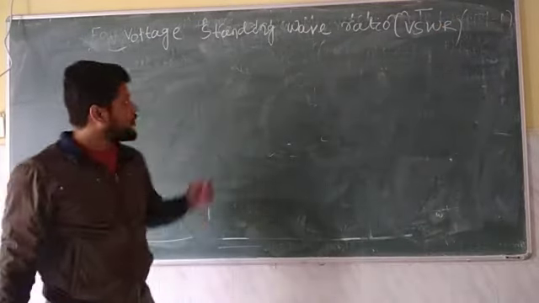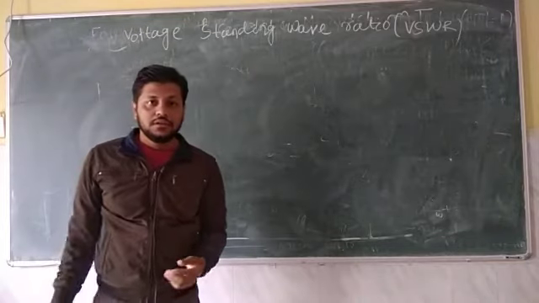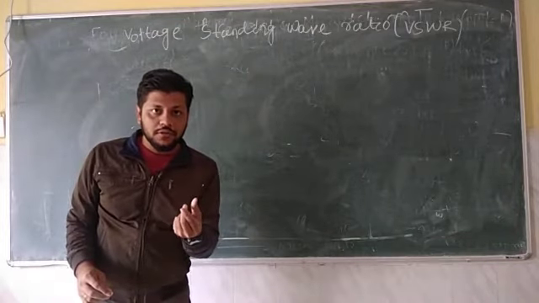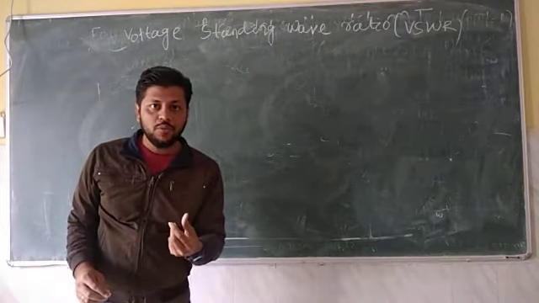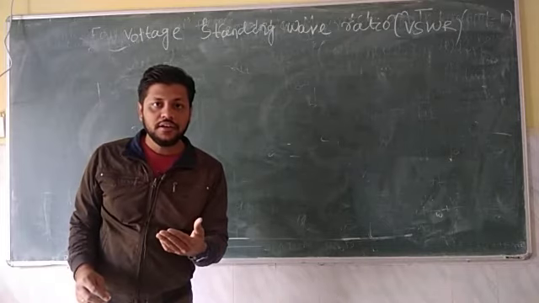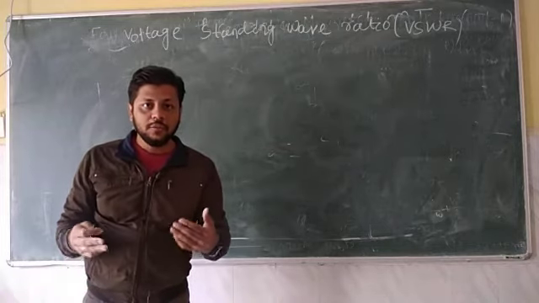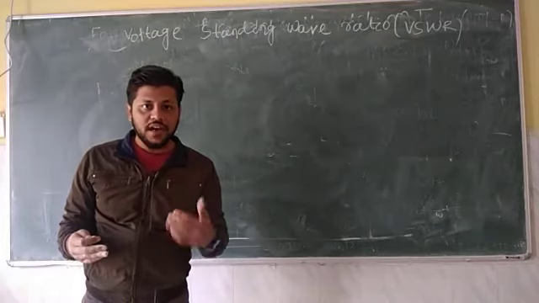So what is the meaning of standing wave? From the name itself we can imagine that wave is not propagated, instead it is standstill. It is not propagating, it is standstill.